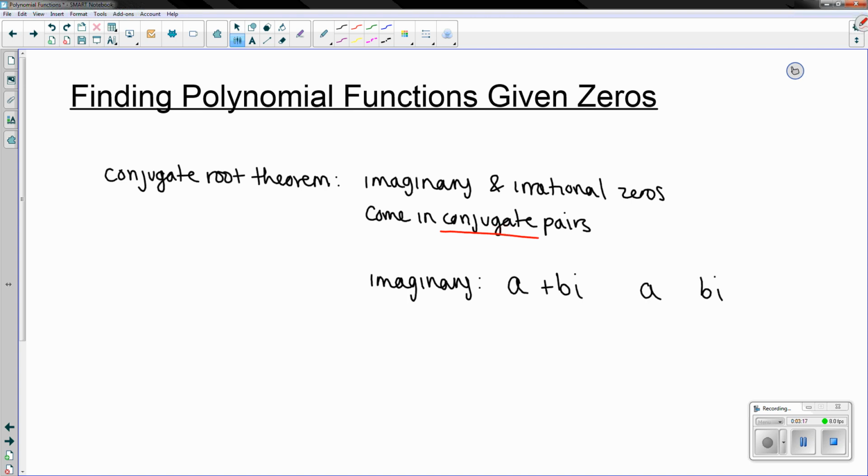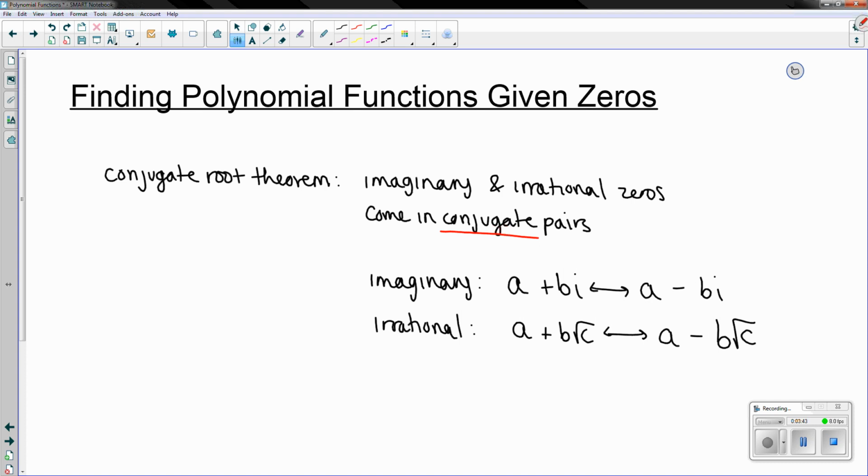So if it's plus, we're going to have a minus, and these two things, again, would be conjugates to one another. And for the irrational, we can express an irrational number as a plus b root c. Its conjugate pair has the same terms, a binomial, with the opposing arithmetic operator: a minus b root c.